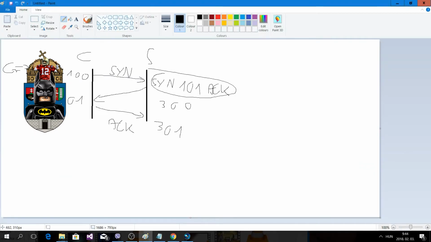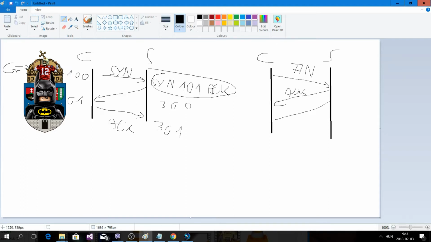After this, of course, we have a connection, and how does the termination look? Termination is quite simple. We have the client and the server. The client will send a finish flag saying, hey, I finished my data, I will not send more. The server will acknowledge it.